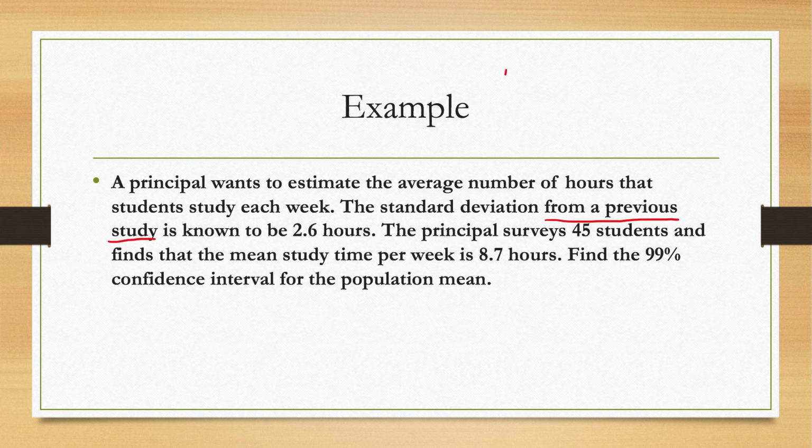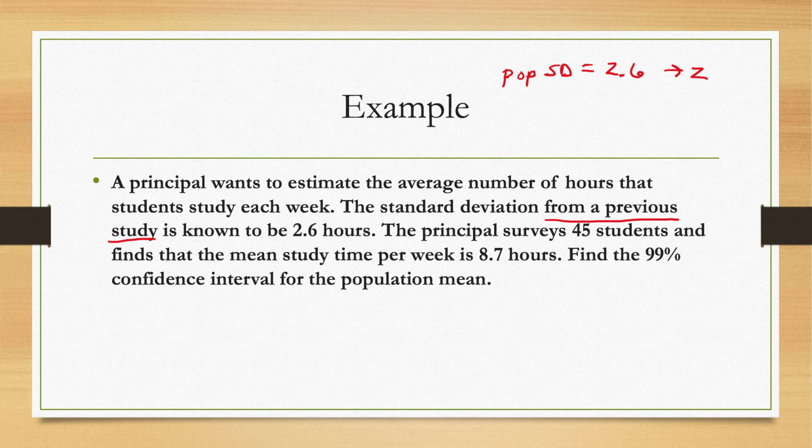So I'm making myself a note so I don't forget. Population standard deviation is 2.6. This also tells me right now that I'm using a z-score in the formula. The principal surveys 45 students and finds that the mean is 8.7. Find the 99% confidence interval for the population mean.